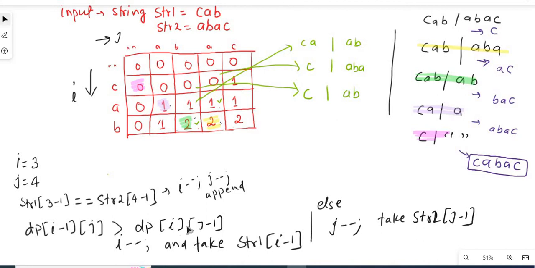So 2 is not less than 1, so it comes to the else condition, and then it does j minus 1. So you see, this 2 is coming from here, then our execution goes to this place, and we added c.